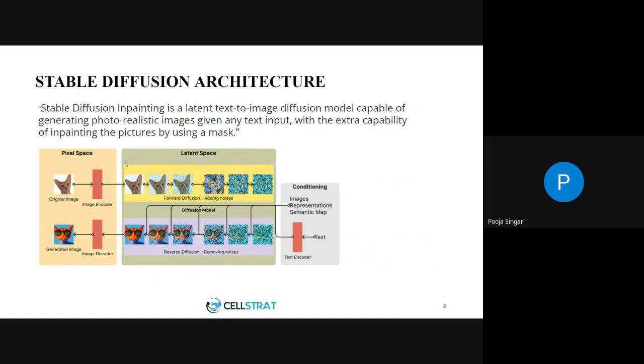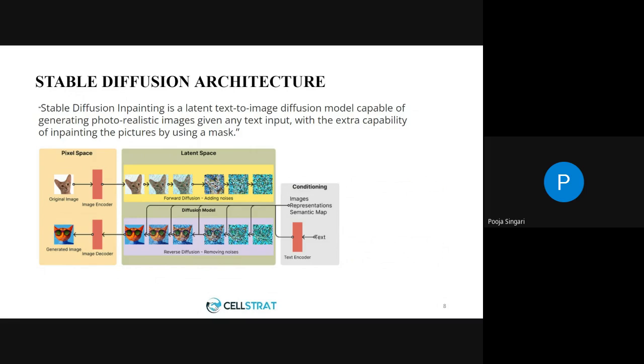So pixel space is the domain where the input image is represented as a grid of discrete pixels. And the latent space is a compressed version, a space which is 48 times smaller than the pixel space. The main reason why Stable Diffusion is able to offer us low latency and faster processing is because all the processing happens in latent space, which is 48 times smaller in size.